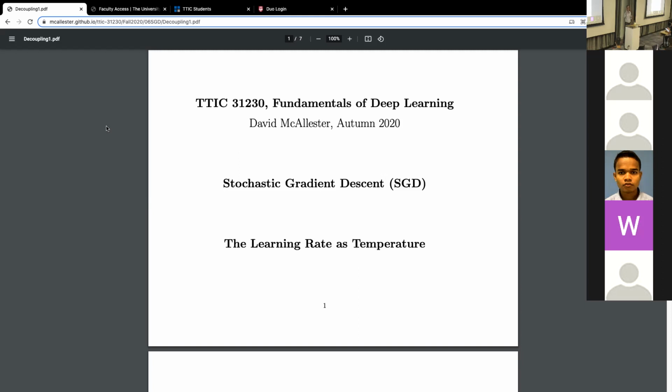And I want to think of that loss value as defining temperature. The idea is that we're running SGD under various hyperparameters. I'm going to be talking about the batch size and something called momentum.